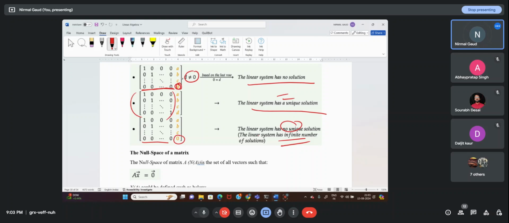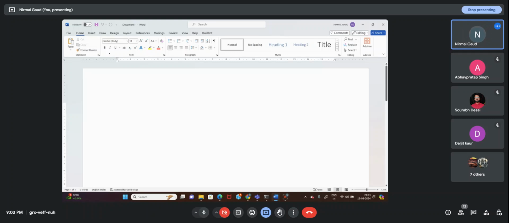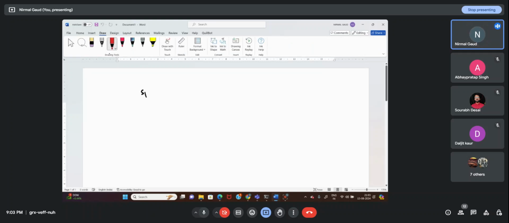As for what you have learned, yesterday I taught span and subspace, a very important concept in vectors. And now you have also learned how to solve a system of linear equations.